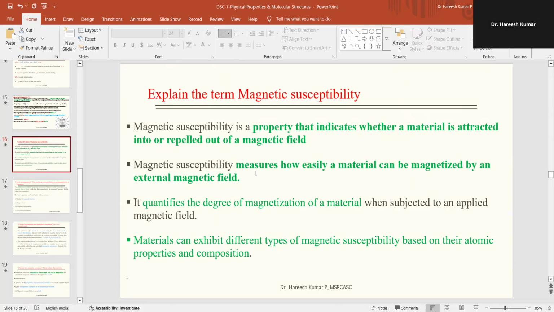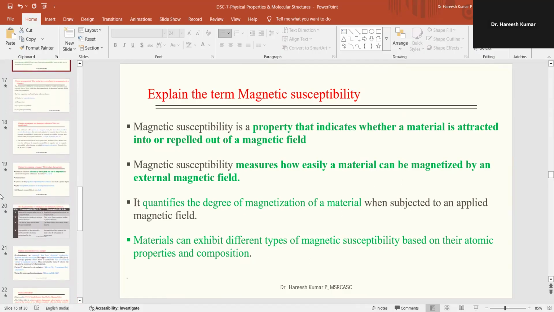Magnetic susceptibility measures how easily a material can be magnetized by an external magnetic field. It quantifies the degree of magnetization of a material when subject to an applied magnetic field. Materials can exhibit different types of magnetic susceptibility based on their atomic properties and composition.